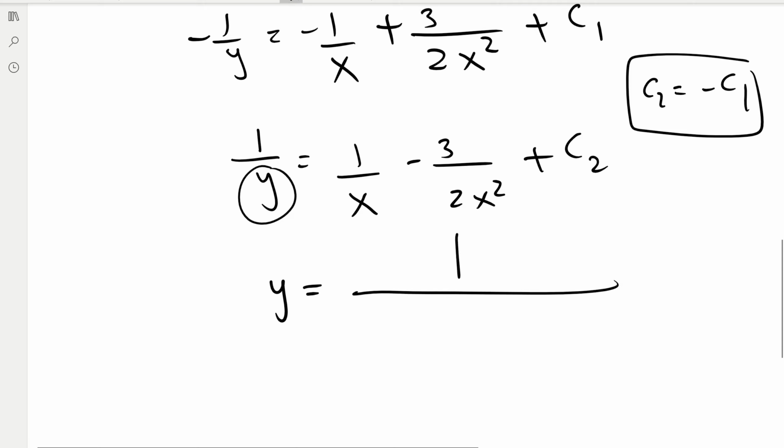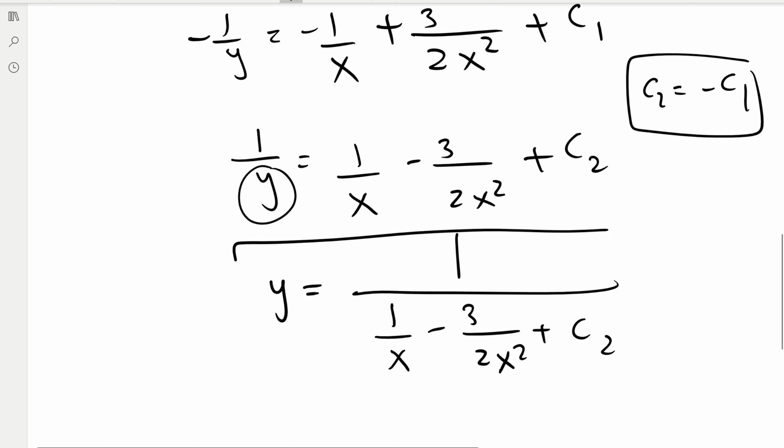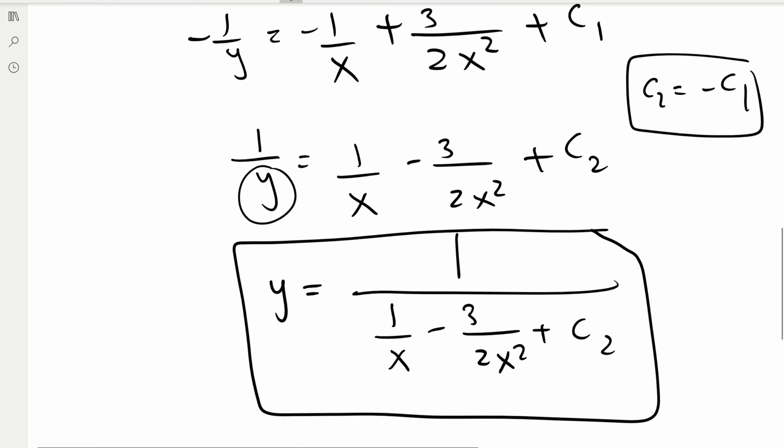So it's going to look a little bit ugly. This is going to be your flip. All right, this is going to be the solution. Think about it a little bit. You cannot flip term by term. That violates the algebraic rules. Yeah, so that's it. That's the explicit solution. Thank you very much.